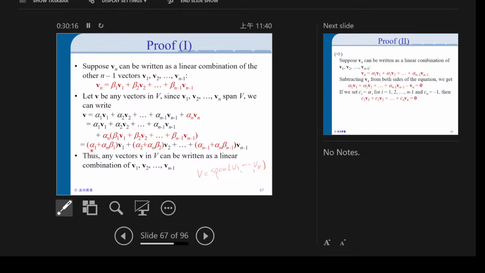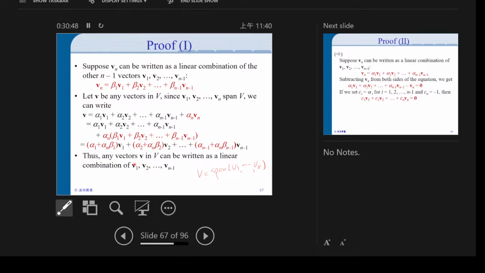So you see this is just alpha 1 plus alpha n beta 1 times V1, and alpha 2 plus alpha n beta 2 times V2, etc. So you see this is a linear combination of just V1 to Vn-1, with different coefficients. So we see this alpha n coefficient can just be multiplied on these beta coefficients and added back to those alpha coefficients. Okay, so this completes the proof of 1.